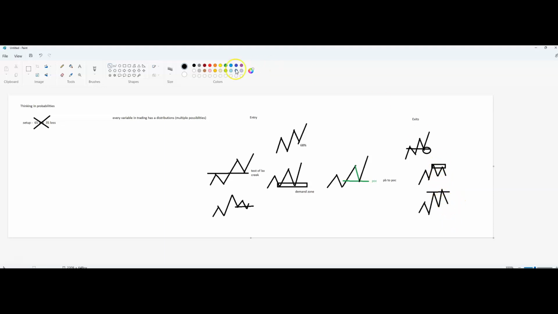And of course, you have situations where it goes beyond the measured move and becomes a runner. So one is measured move, two is resistance, third is the breakout, fourth is breakout and runner.